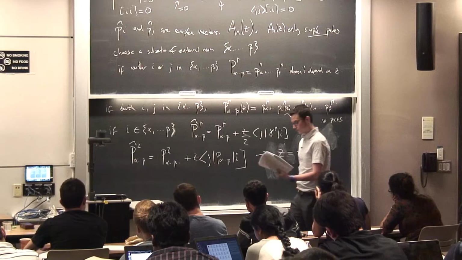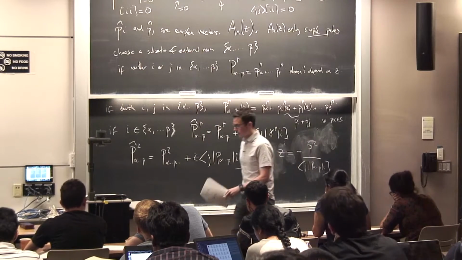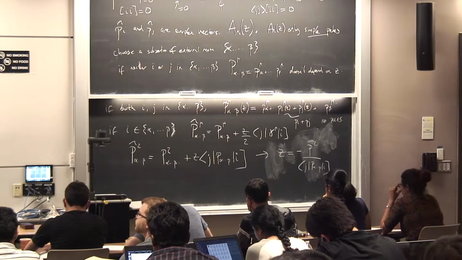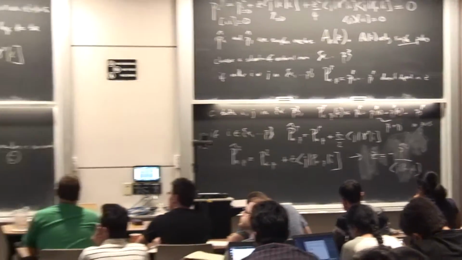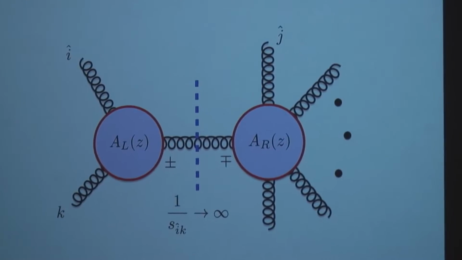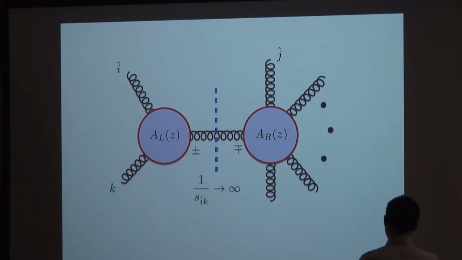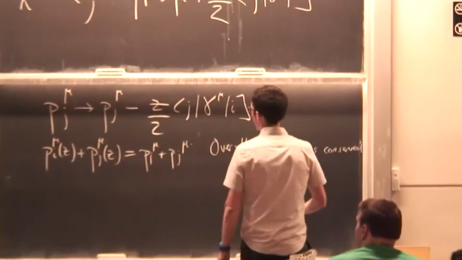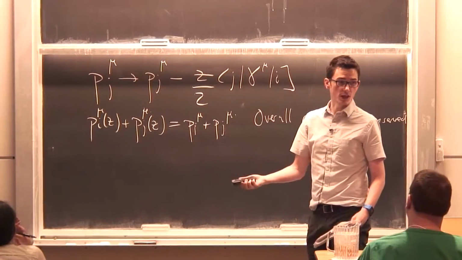All right. So now the question is, what can we say about these types of poles here? So we know, as we were just talking about, we have to have a propagator that blows up. And what happens when this thing blows up is that the propagator is going to infinity, because this internal, so here I've chosen a 3-point example, s_I hat k is going to 0, which means the propagator goes to infinity, and then what that's telling us is that this intermediate leg is going on shell, right?